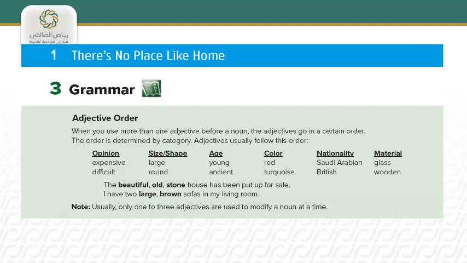So we don't have more than 3 adjectives for a single sentence. Otherwise it sounds strange. So I have 2 large brown sofas in my living room. So large and then brown. Okay, that's good.